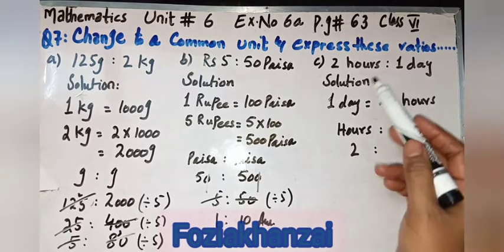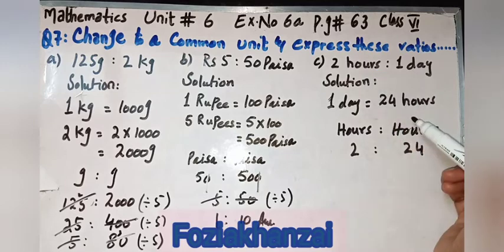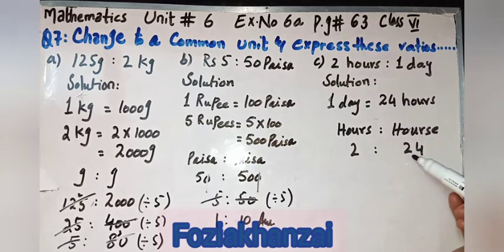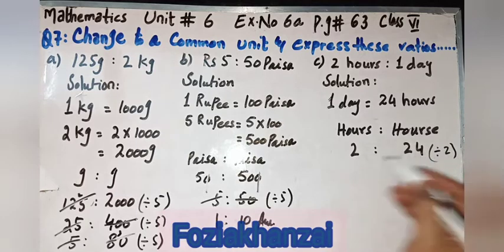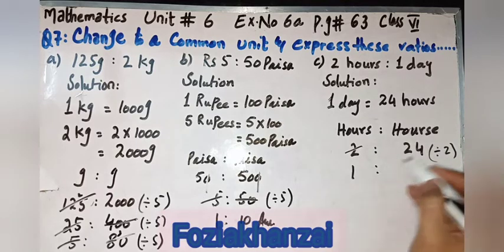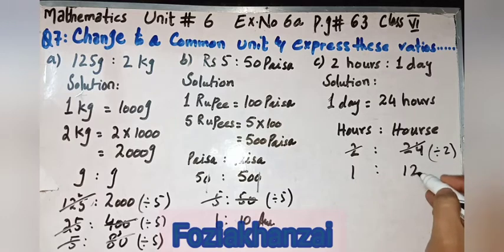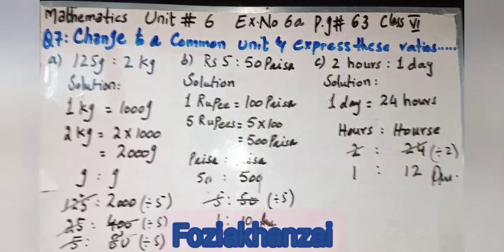Clear? So already we have 2 hours and on the second side we have 24 hours. Hours is to hours. 2 hours is to 24 hours. So reduce by 2. Last digit is an even number. 2 1s are 2. 2 2s are 4. 1 is to 12 would be the answer of part C.